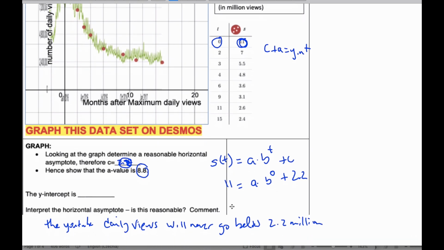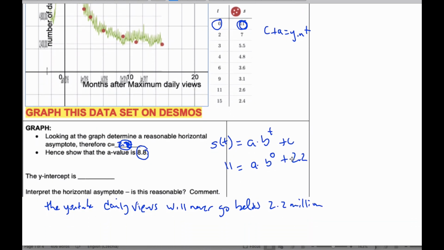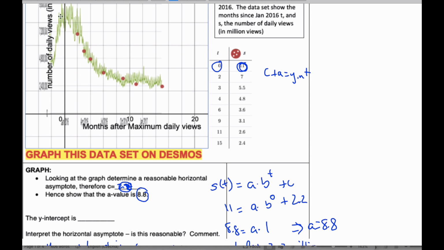If I do some algebra and subtract the 2.2, that gives me 8.8 equals A times B to the 0, which is 1. That means A is equal to 8.8. The y-intercept up here, which has been cut off, is 11, and it's really the S of T intercept, the maximum number of YouTube daily views of the song "Sorry."